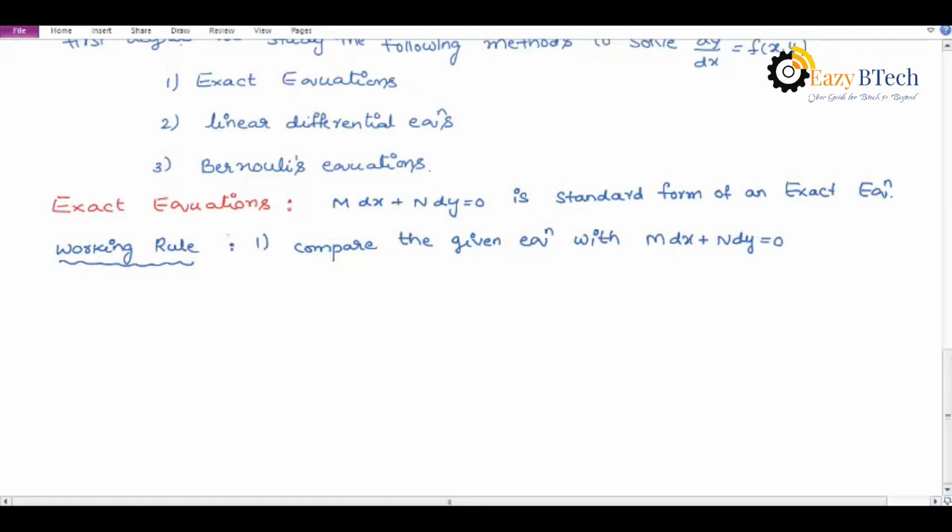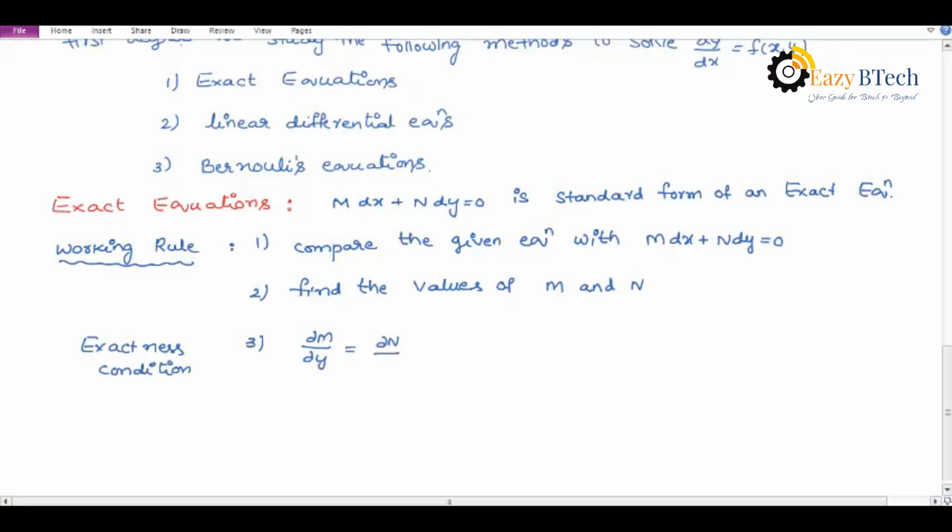Second, find the values of M and N. Third is the exactness condition, that is dou M by dou y is equal to dou N by dou x.